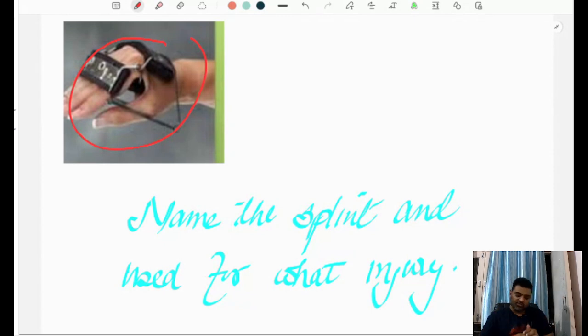So this is known as which splint? Can anybody tell me? This is used for claw hand, used for ulnar palsy. This is the knuckle bending splint.